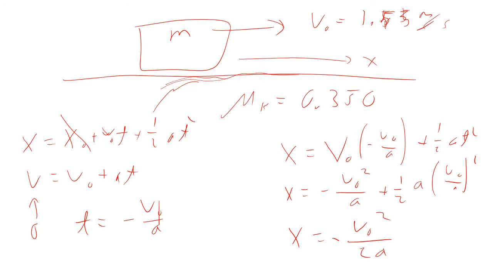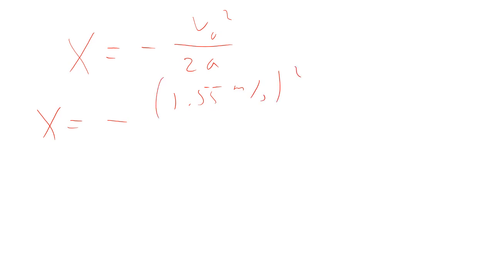So x equals minus v0 squared over 2a, which is minus 1.55 meters per second, squared, divided by 2 times minus 3.43 meters per second squared.